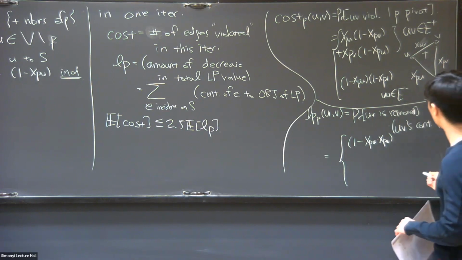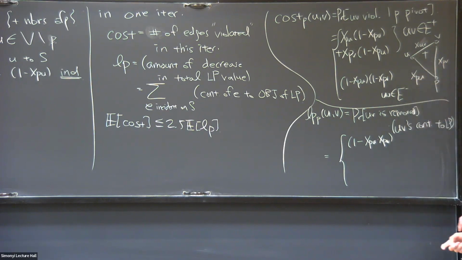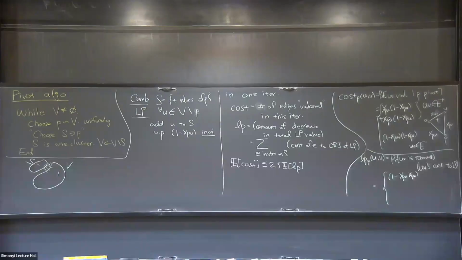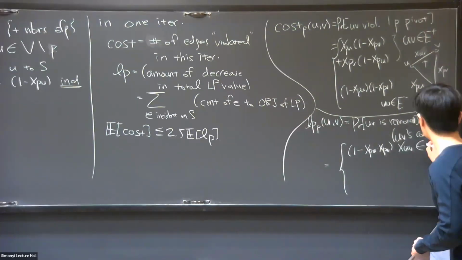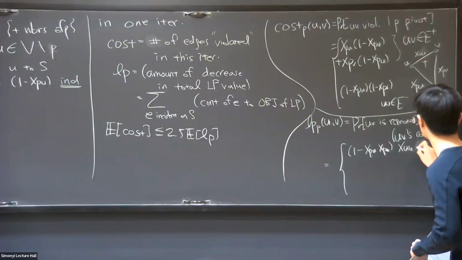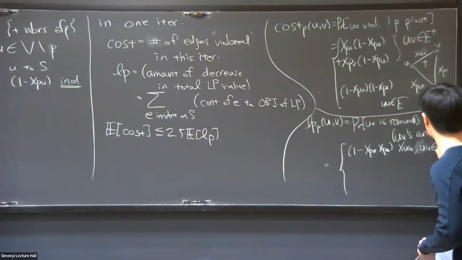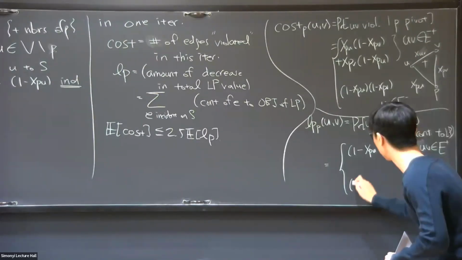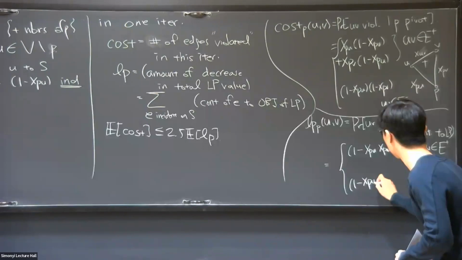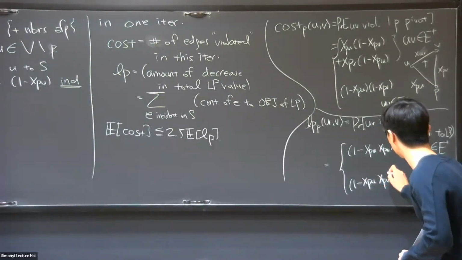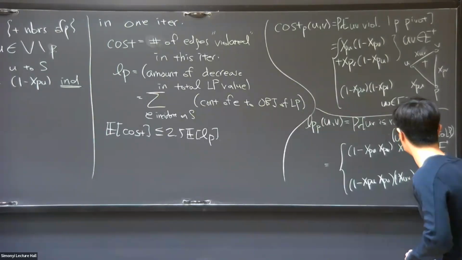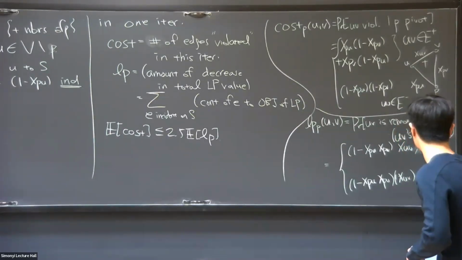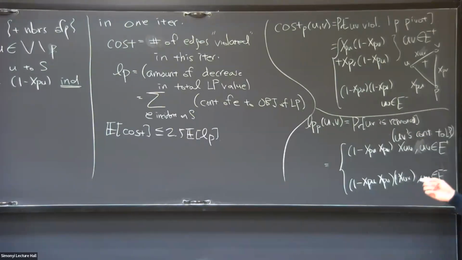And then of course if UV is a plus edge, it was paying XUV to the objective function, and it's the same probability. It's 1 minus XUV when UV is a minus edge.